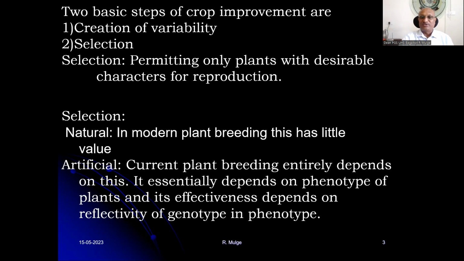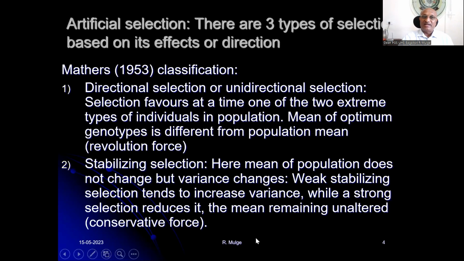That is not going to help. Only if the phenotype is a reflection of the genotype is the selection going to be effective. So that is the selection basic you should understand.